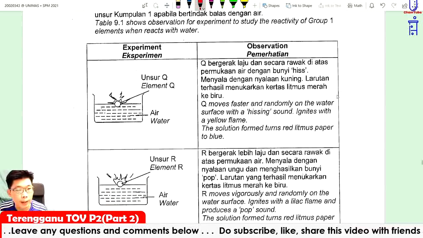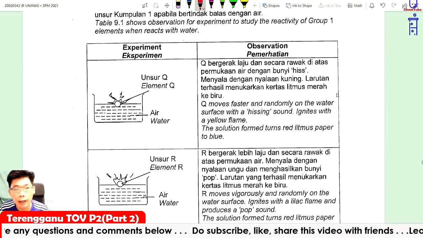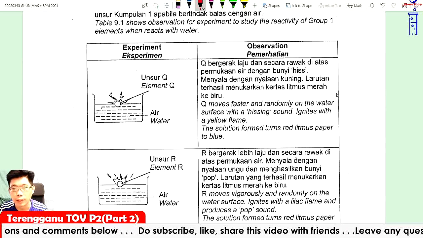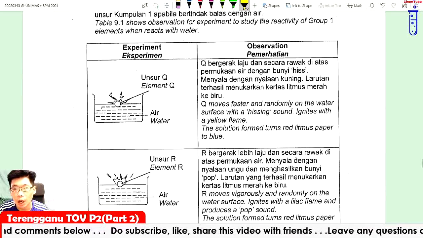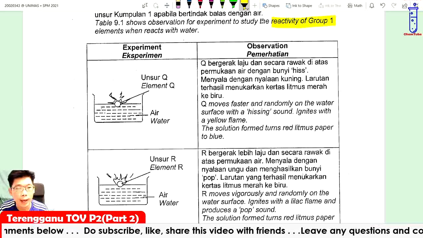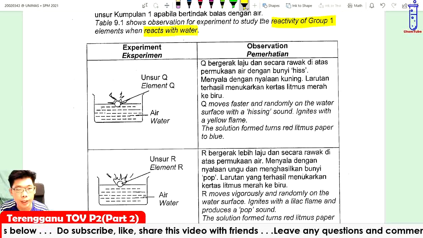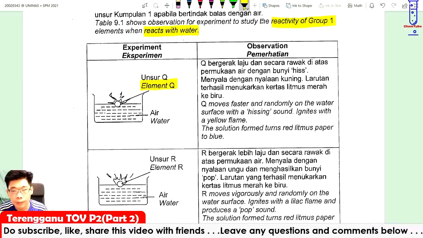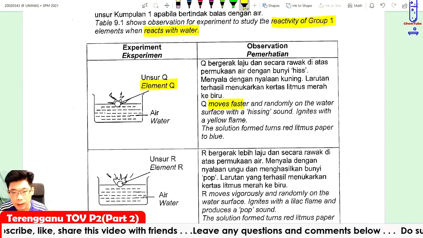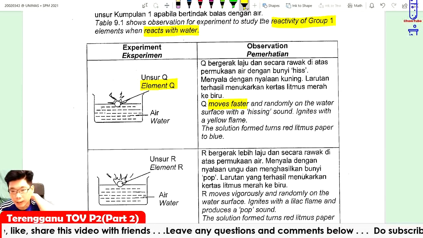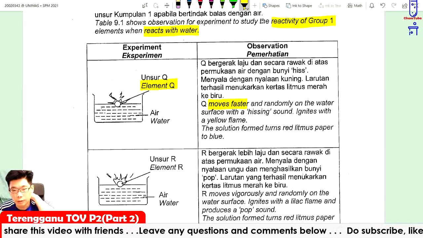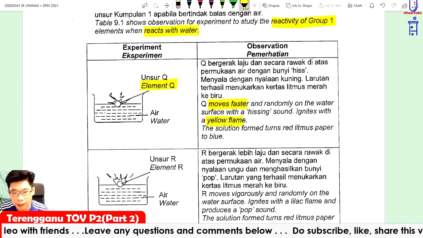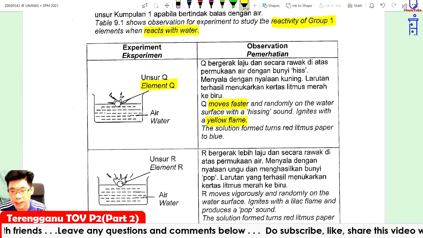Now we look at table 9.1, which shows the observations for an experiment to study the reactivity of group 1 elements when they react with water. Element Q moves faster, quite reactive, randomly on the water surface with a hissing sound, and ignites with a yellow flame. Ignite means burns.